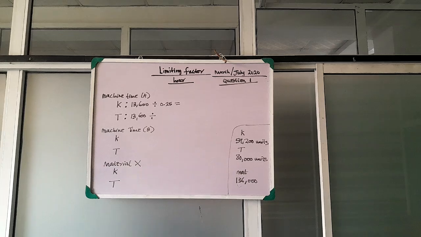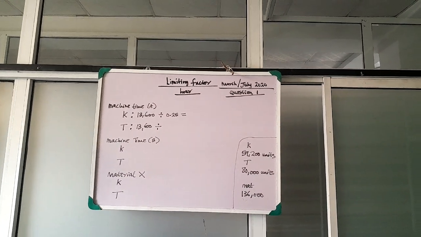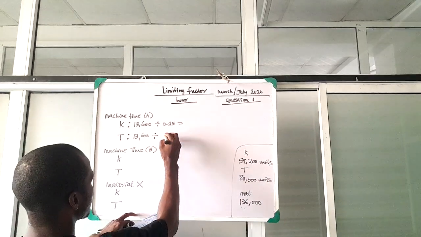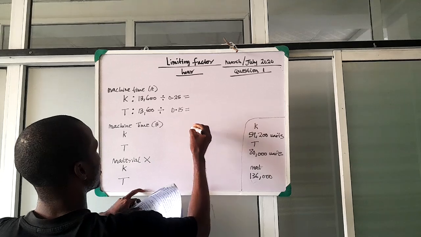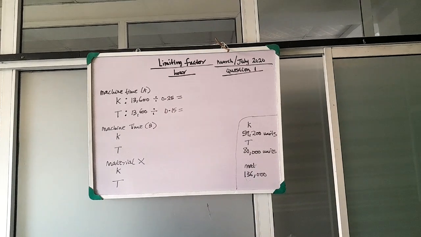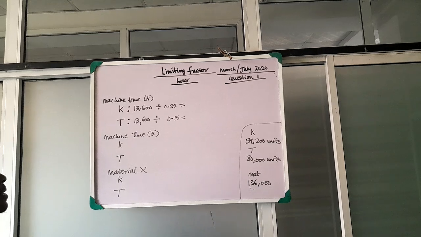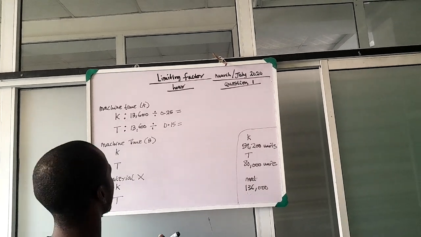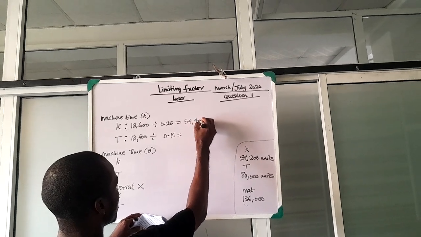Then under T we also have line A, which is 0.15. So here I'm dividing by 0.15. That will give us the units. So 13,600 hours divided by 0.25 will give us 54,400 units.